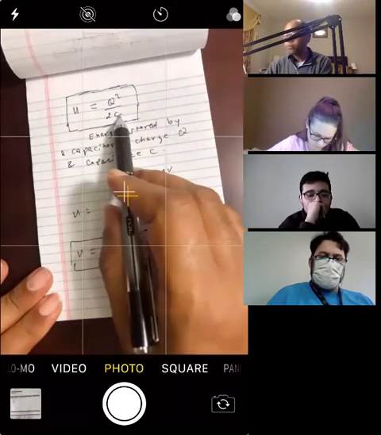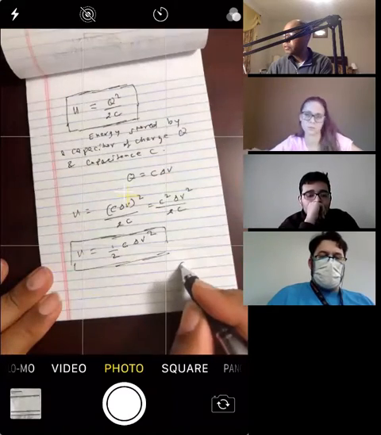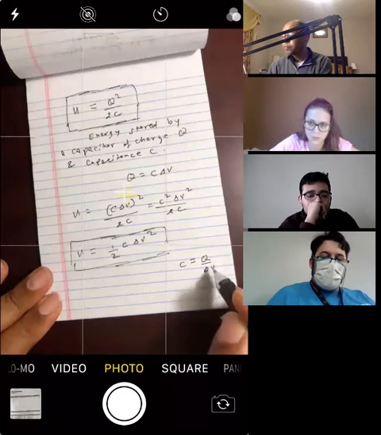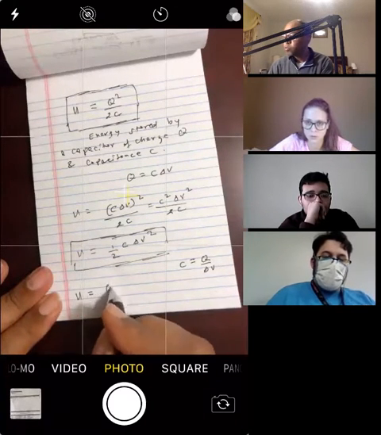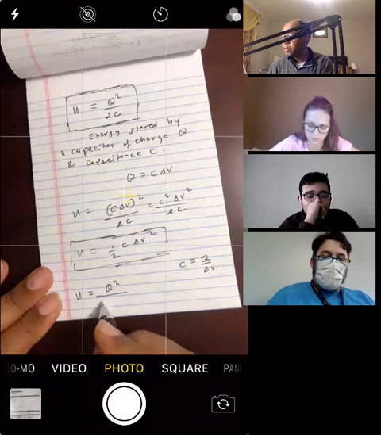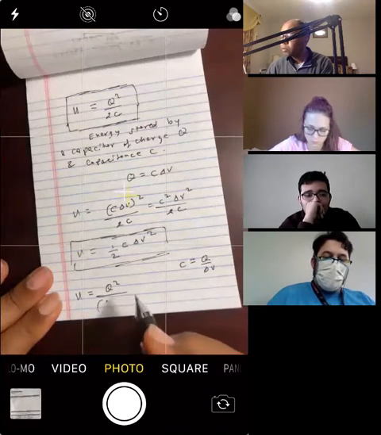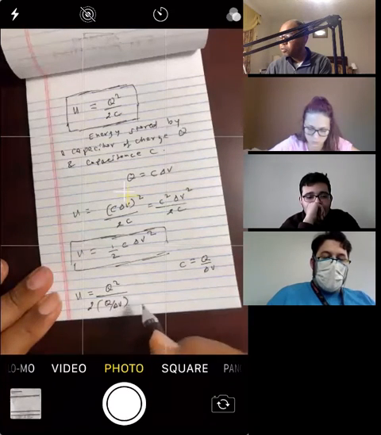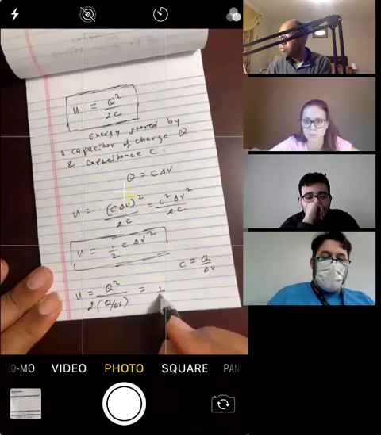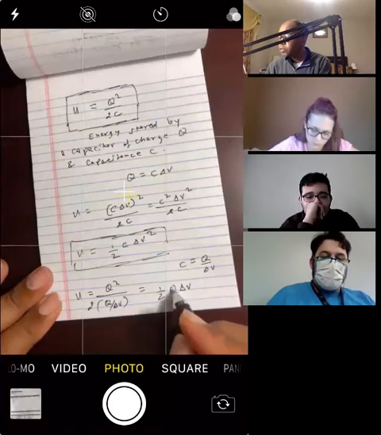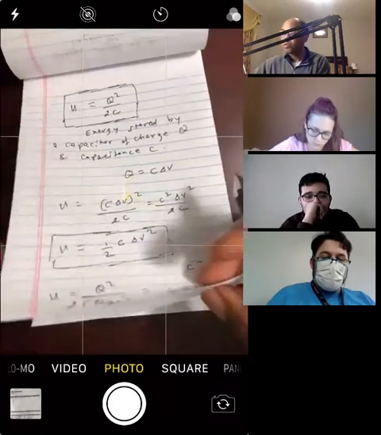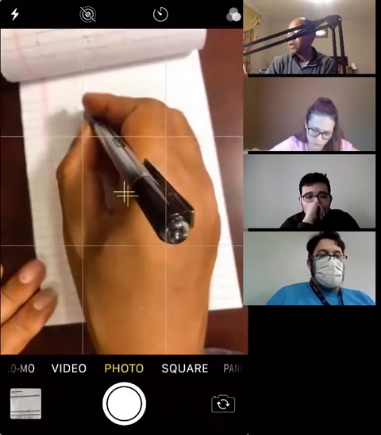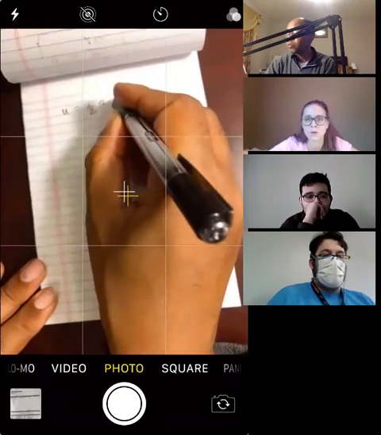Or if you want, you can substitute for C. C is Q over delta V, right? So if you do that, you have Q squared divided by 2 times Q over delta V. So the Q cancels, and you get half of Q times delta V. So that's another formula you can use: U equals half of charge times potential difference.